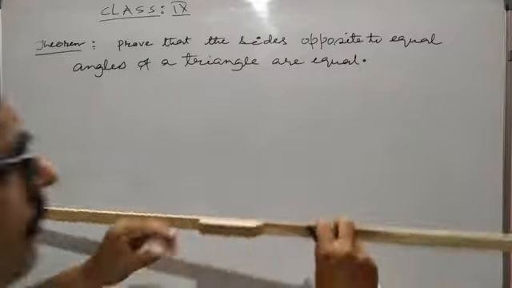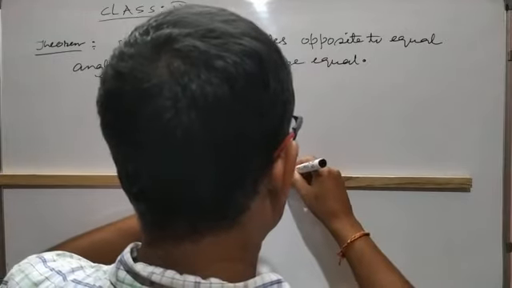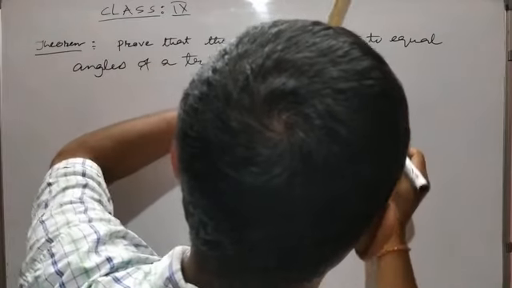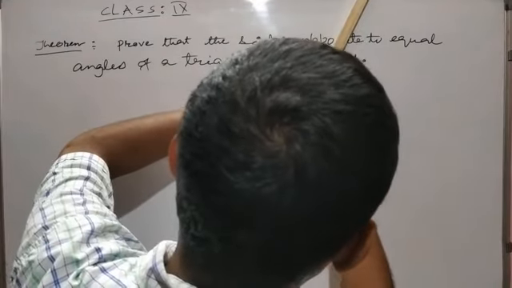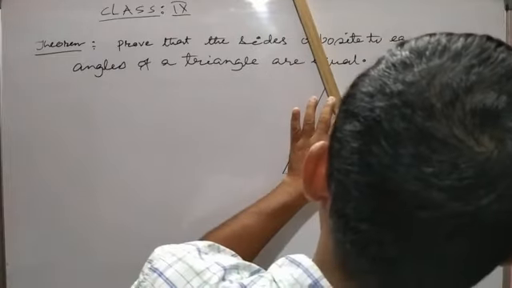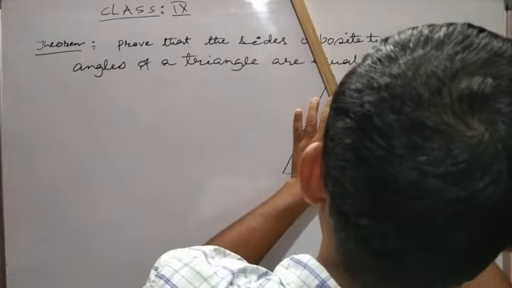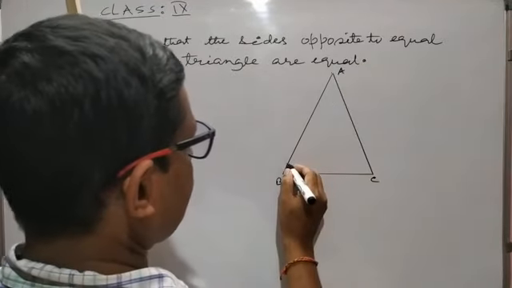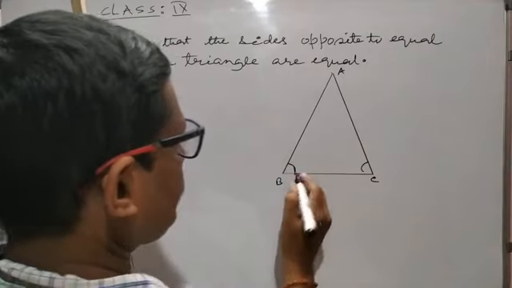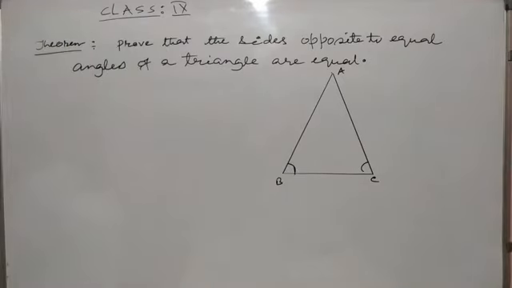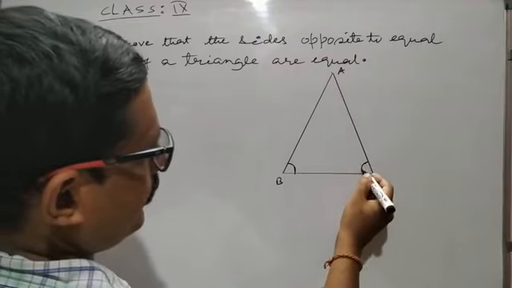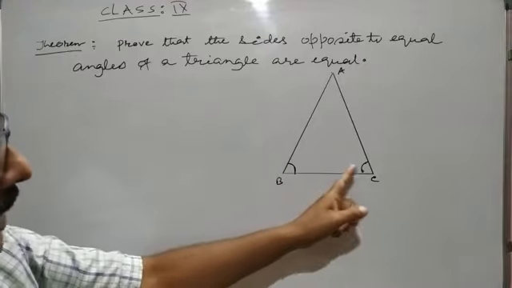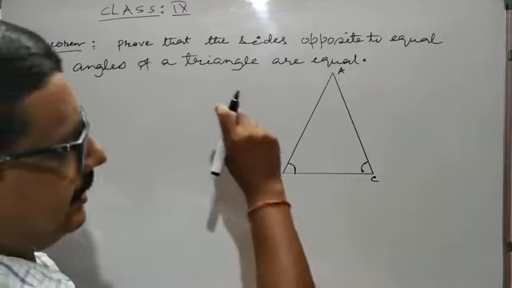Suppose this is a triangle ABC in which angle B equal to angle C. So according to this theorem, if two angles are equal, then their opposite sides are also equal.